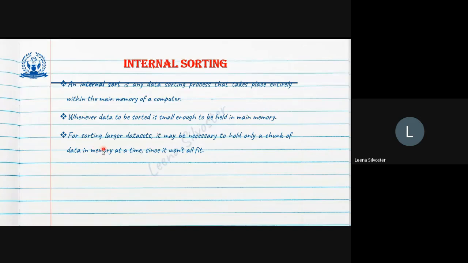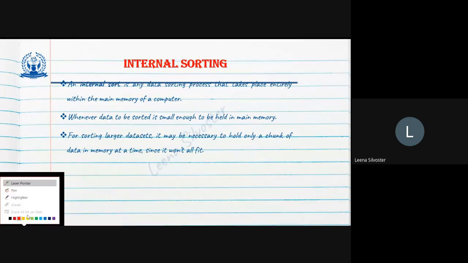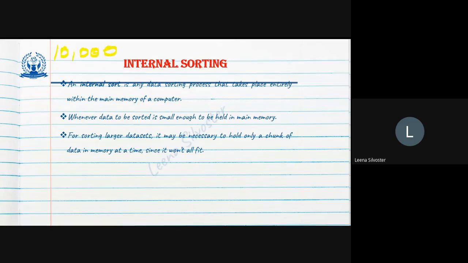So if we have a large data set, then we have to divide the whole data set into chunks. What do you mean by chunk? Into some pieces. For example, if we have 10,000 data, then the size of the chunk may be 1,000, so that we can move 1,000 data into the main memory and sort it.